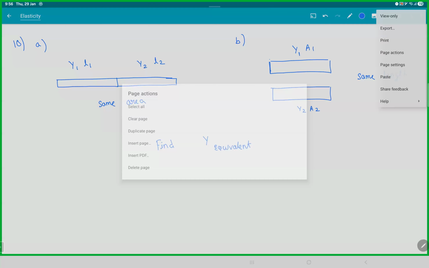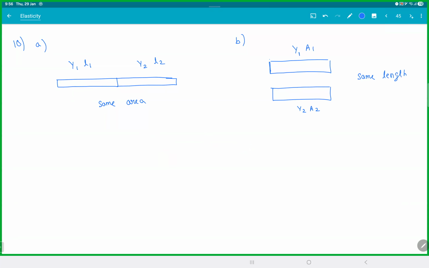So I'll show you one thing. So this is what you do. You want to replace this with one single rod.